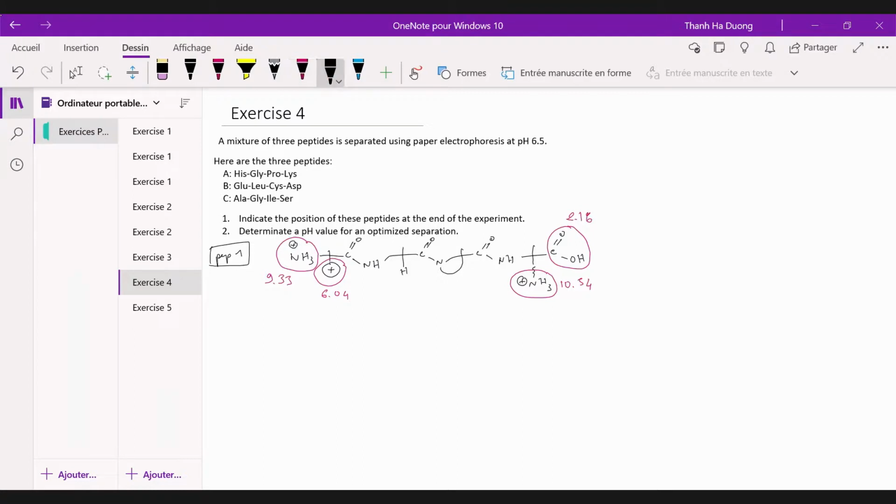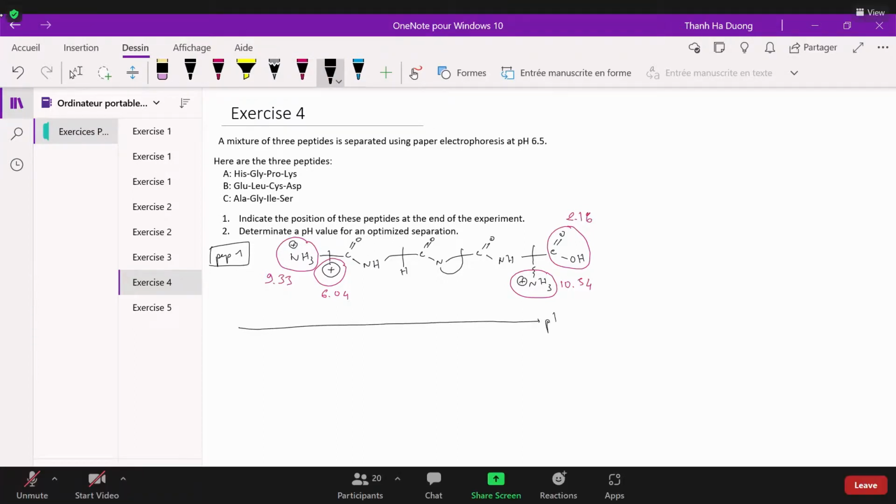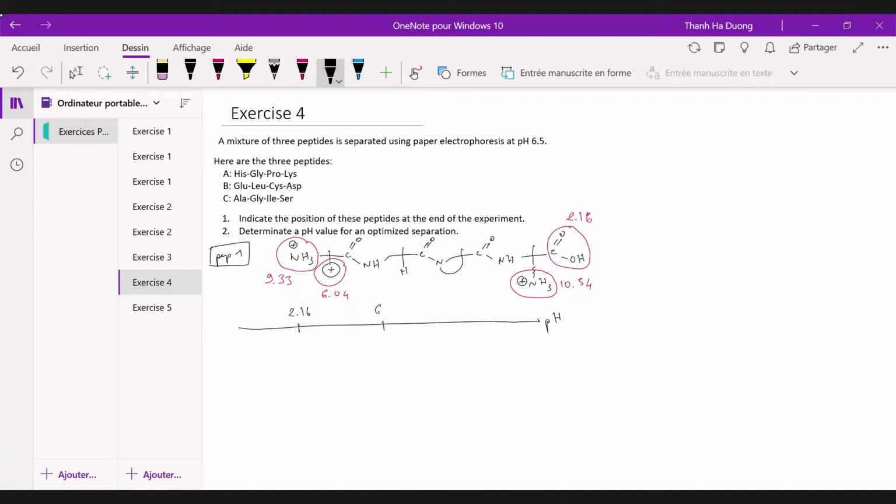Okay, so if I draw a pH diagram, I will sort all the pKa. So here 2.16, after 6, 9.04, here 9.33, and at the end 10.55.